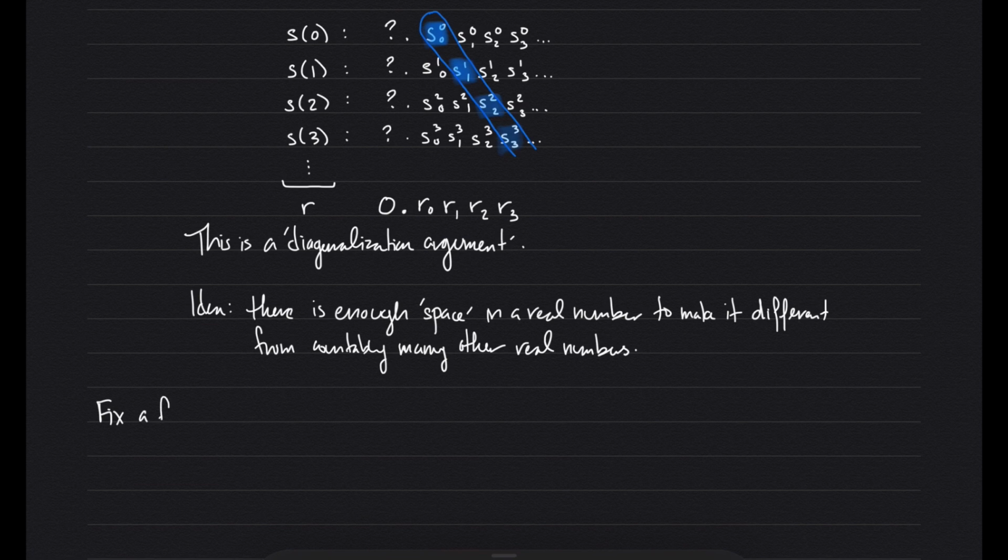We're going to fix a finite, non-empty set of characters, set of characters sigma. So for any computer program, you always have a set of characters that you can use. Say Unicode, or more frequently in the real world, you can use characters from ASCII. So these are just the characters that you can type on your keyboard, for example.